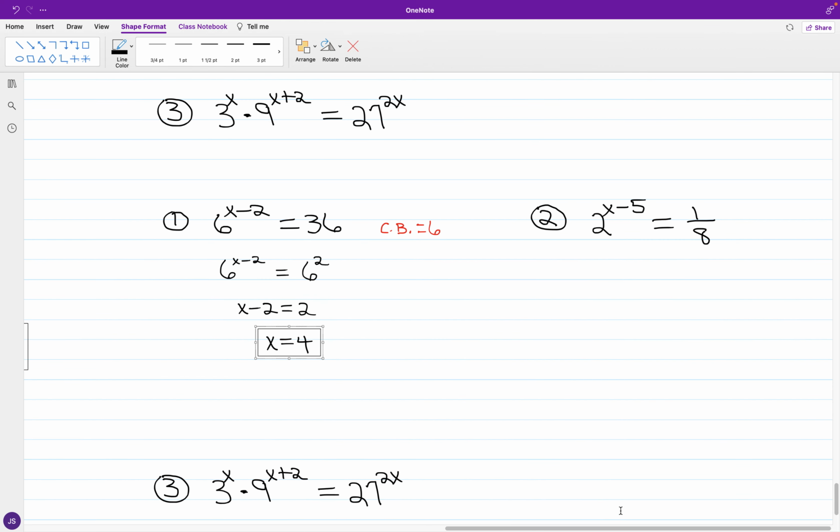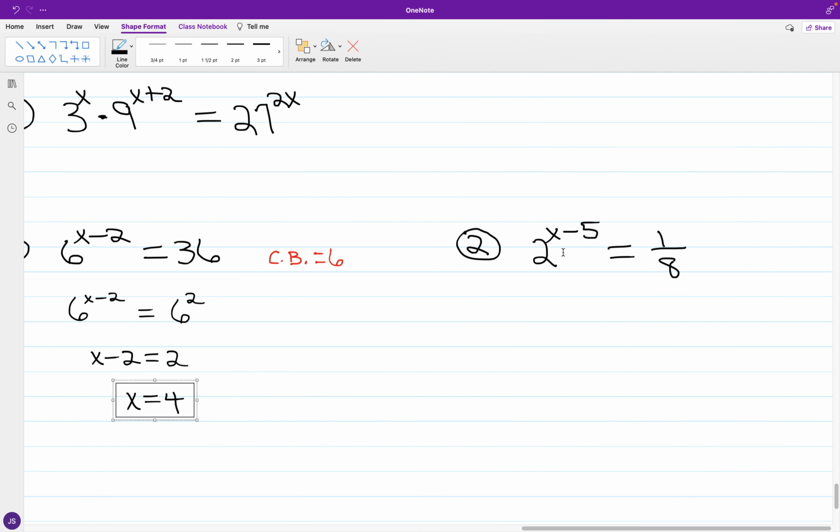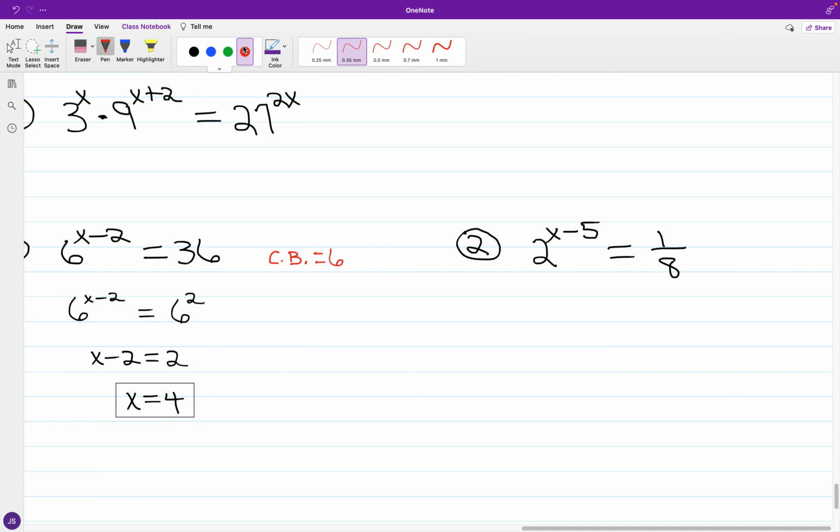Now, for what we have in the second problem, we have 2 to the x minus 5 is equal to 1/8. And in this one, we've got the reciprocal of 8. And 8 is both a multiple and an integer power of 2. So the common base is going to be 2. Okay, so this already appears on the left-hand side. So we have 2 to the x minus 5 is going to be equal to 1/2 to the third, writing 1/8 directly in terms of base 2.